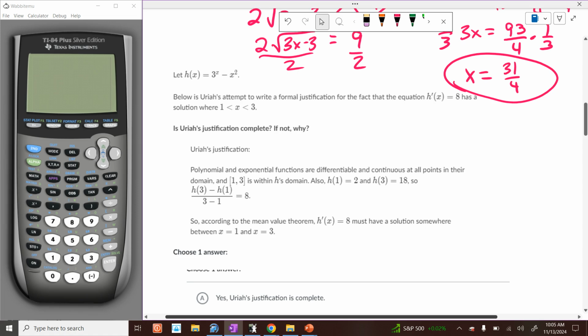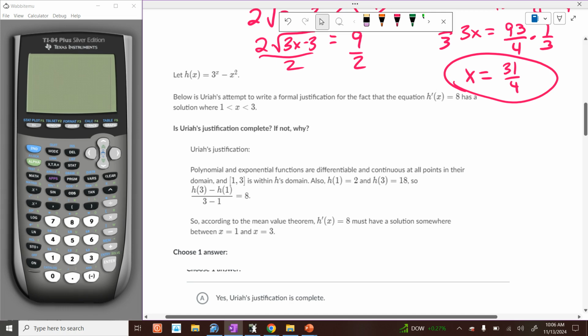And then we'll have these fun ones, which ask, is his justification complete or not? Doing the mean value theorem. Below is his attempt to write a formal justification that the equation, the first derivative of this equals 8, has a solution somewhere in between 1 and 3.